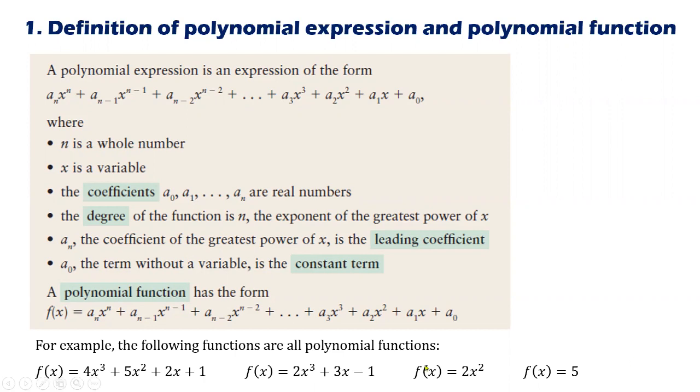Next, f(x) equals 2x squared. This is a polynomial function with a degree of 2 and leading coefficient 2. Last, f(x) equals 5. This can also be treated as a polynomial function. The greatest power of x is 0, so the degree is 0. The leading coefficient and the constant term are both 5.